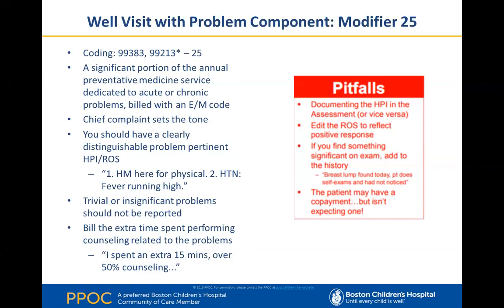Make sure, another one, make sure that you edit the review of systems to reflect positive responses. So if your HPI has 4 or 5 positive GI elements in there, but the cookie cutter review of systems embedded within the note says GI is negative, that's something that will almost assuredly lead an auditor to break out his or her Sharpie and start drawing lines through the note and the evaluation.